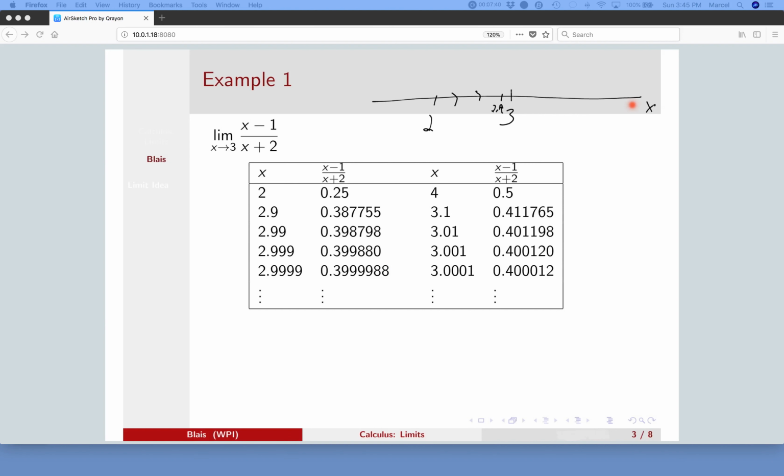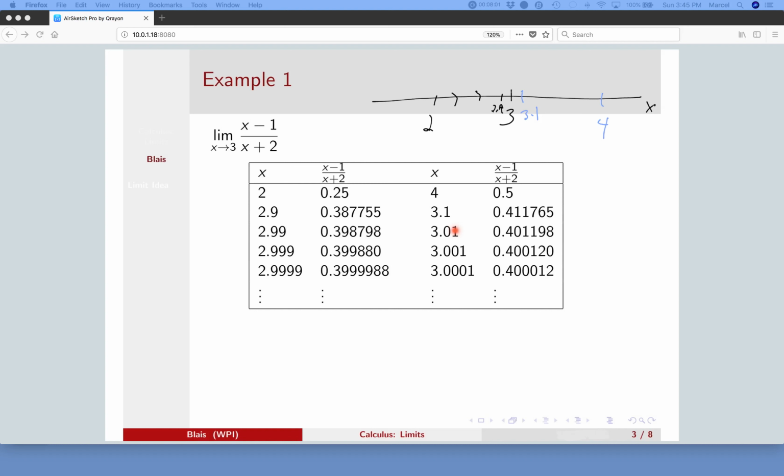Similarly, let's come from the other side. So let's say start at 4. If we plug in x equals 4 to the function, we get 1/2. But we can also get closer. Say we go down to 3.1, and we get 0.411765.